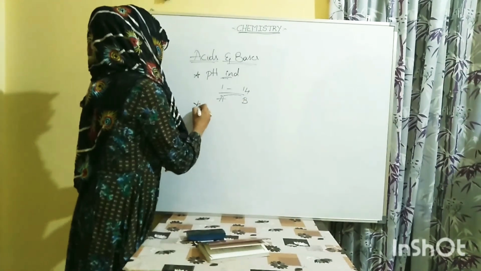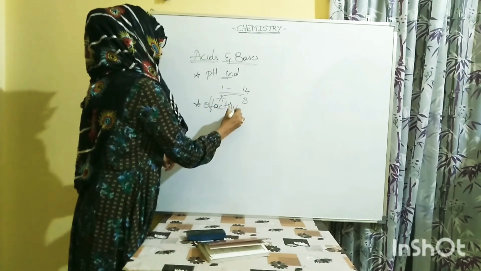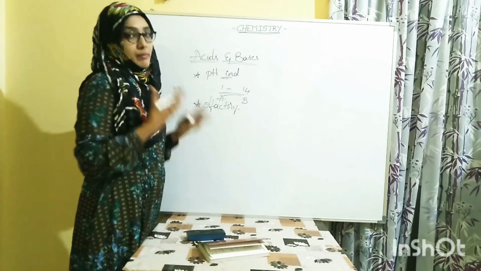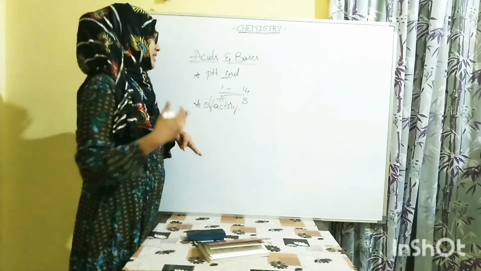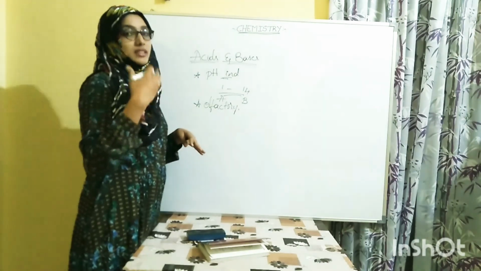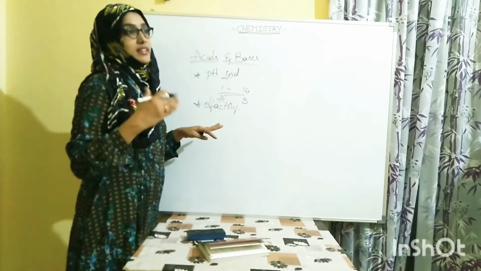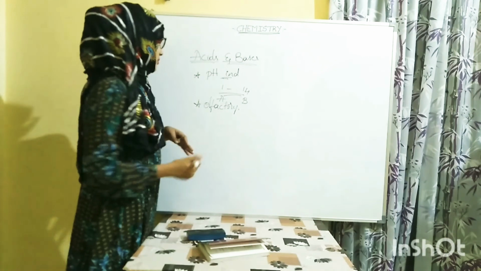And then the same way, as I said, olfactory. Olfactory is all about the smell. Depending upon the smell also we can say which is acid and which is base. That we will learn later and is not that important. We will discuss it if you need. Inshallah, comment to me about it.